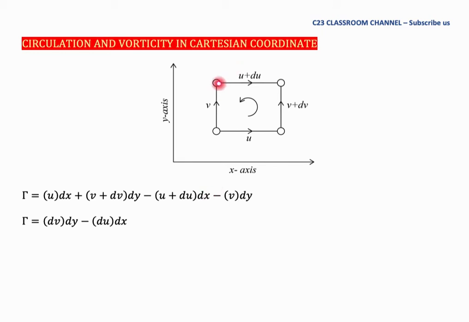And then the molecule travels from here to here, the velocity is now negative, so we write negative v, and the distance traveled by the molecule here is dy. So we could solve this equation, and we get gamma is equal to dv dy minus du dx.